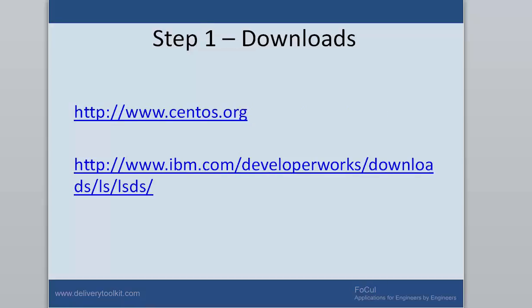In terms of other downloads, well, the first thing you're going to need is CentOS, and you're also going to need the install files for Domino. So if we just go now and try and get those.